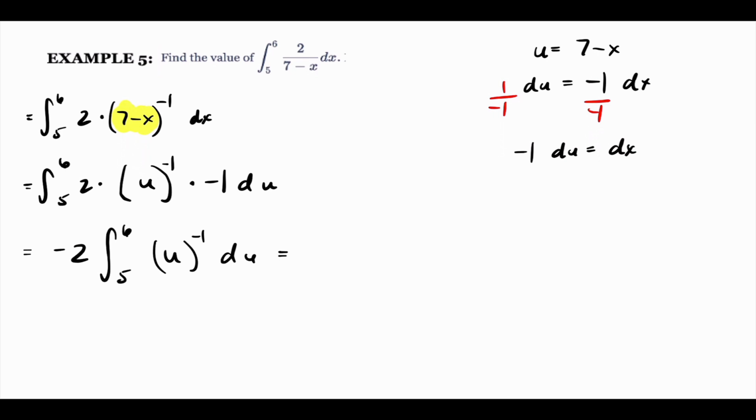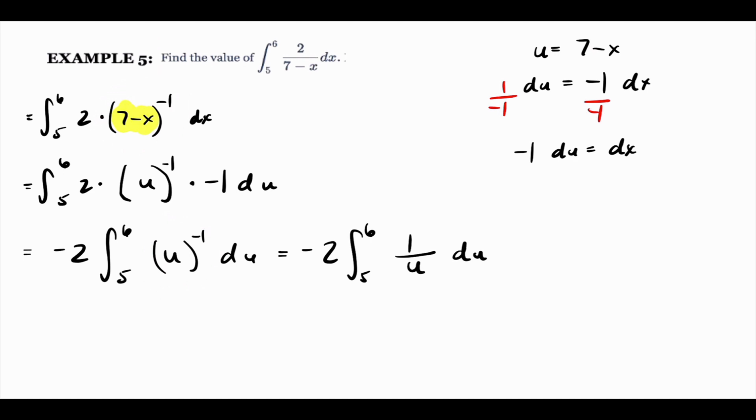So anytime you see anything to the -1 power, it can be written as 1 over u, which means you're going to have a natural log. You can also rewrite it like this, just for future reference.